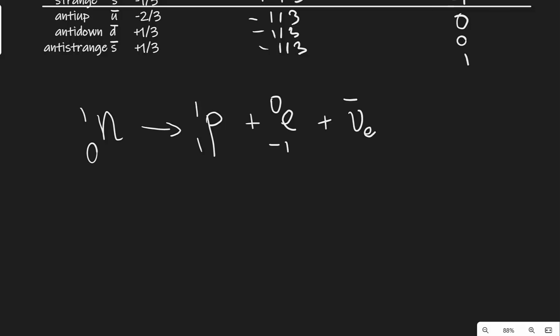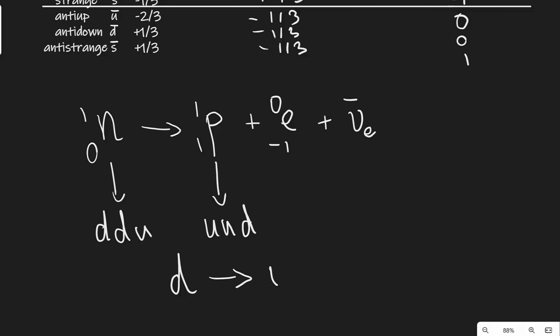Well, if we think about the actual composition of this, because the neutron is 2 Ds and a U, and the proton is 2 U's and a D, during this beta minus decay, a down quark would have turned into an up quark via the weak nuclear interaction, and also of course we get an electron plus the anti-neutrino.